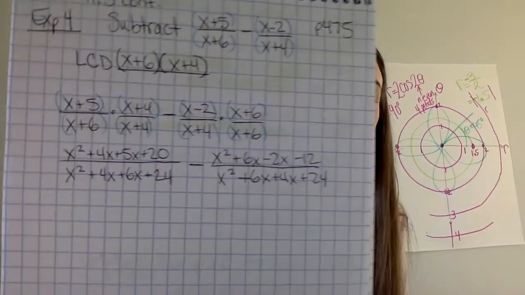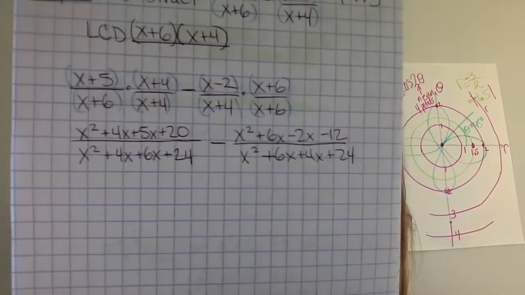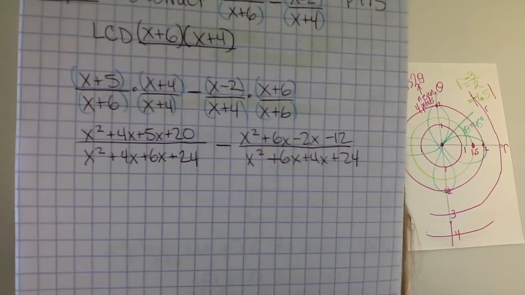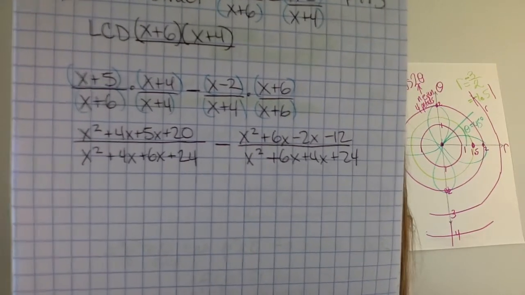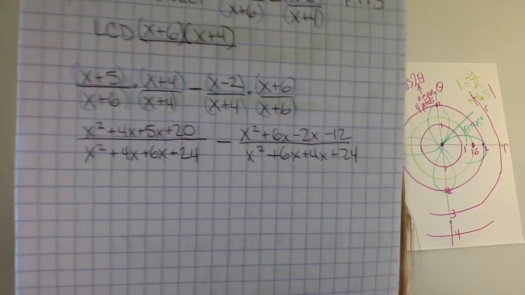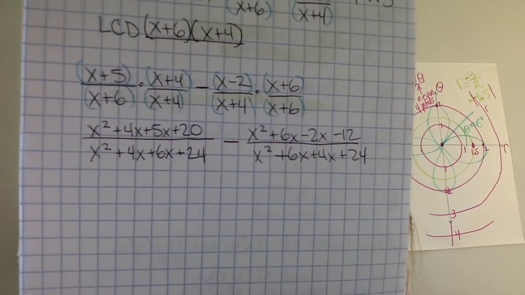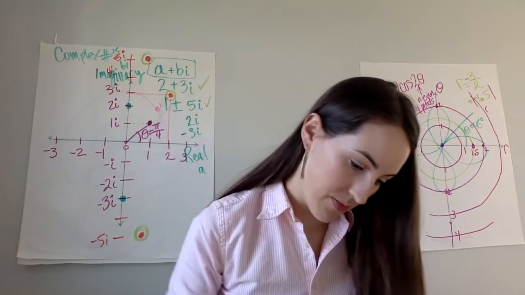Okay, so I FOILed both the numerators and the denominators, and now I need to simplify. I need to combine my like terms. That was the outside and inside terms of FOIL. Those need to be combined, so I'm going to rewrite this for the next line.